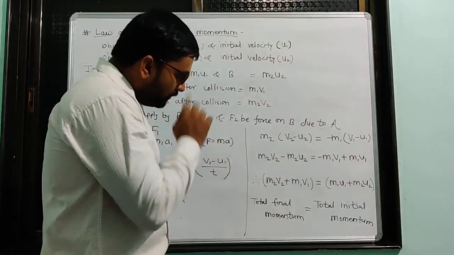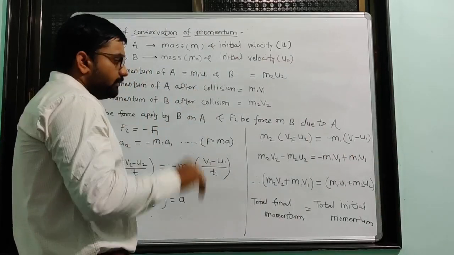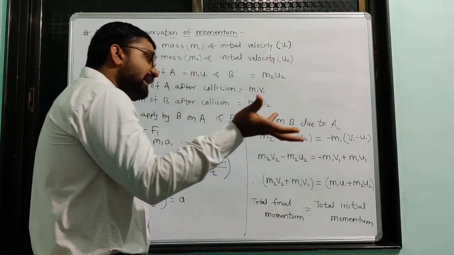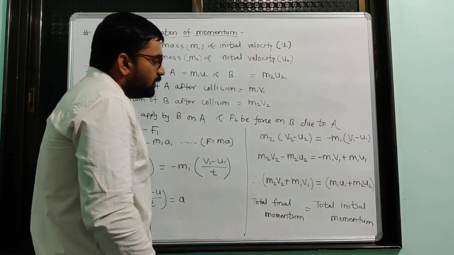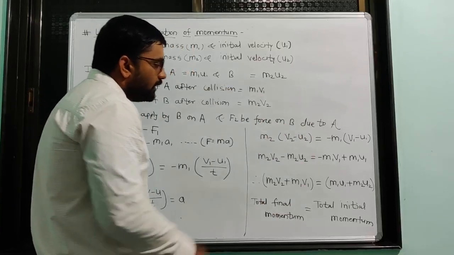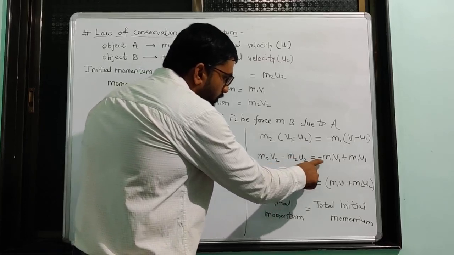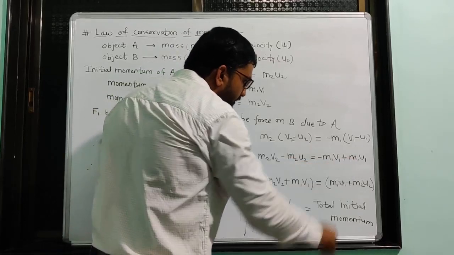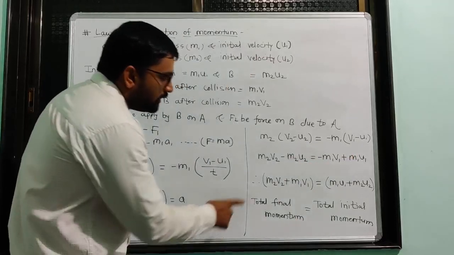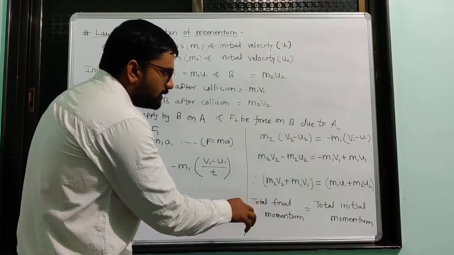So we have to rearrange the equation here, taking m1 v1 and m2 v2 on one side, since it equals minus m1 v1 plus m1 u1.